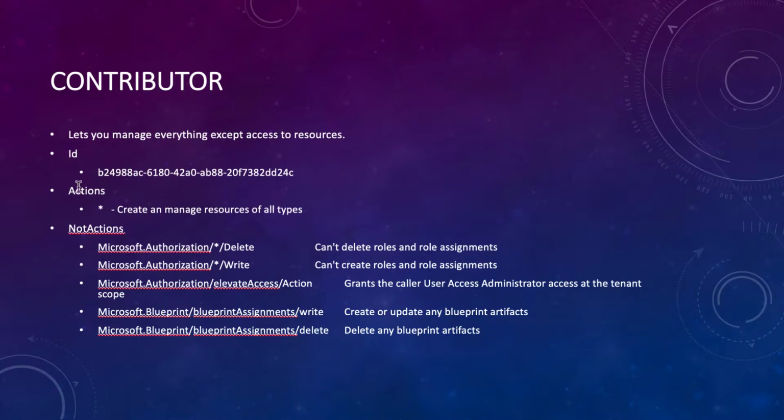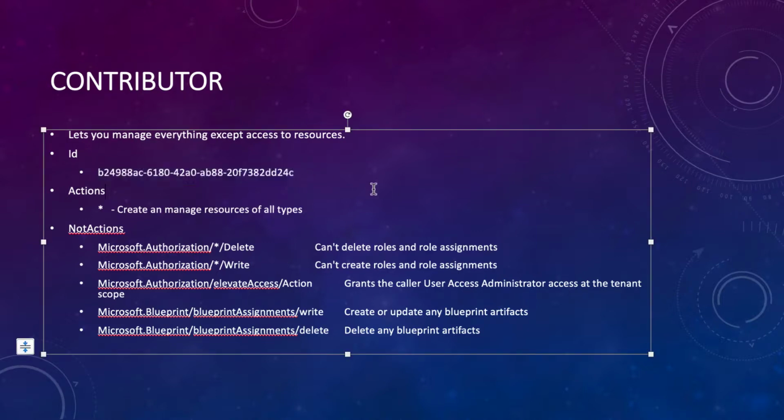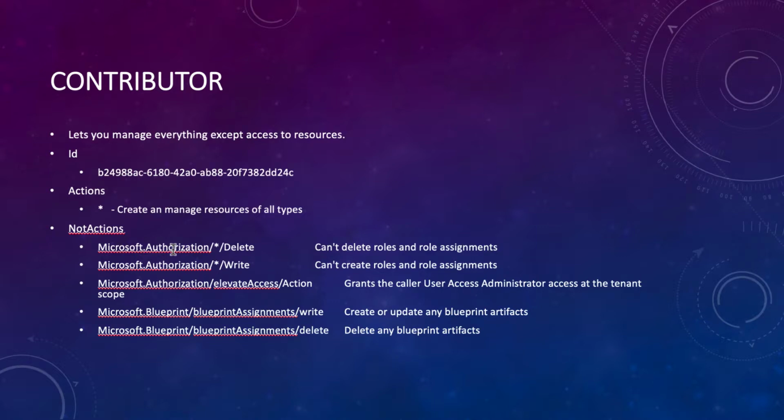We have an ID, actions, and not actions for specific roles. So the contributor has this hexadecimal ID. Good news is you don't need to memorize that. You can easily get it online from the Azure documentation if need be. So the action again, create and manage resources of all types, but then you're excluding these actions from the contributor.